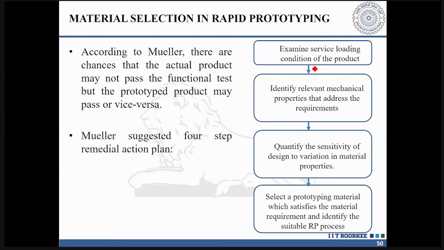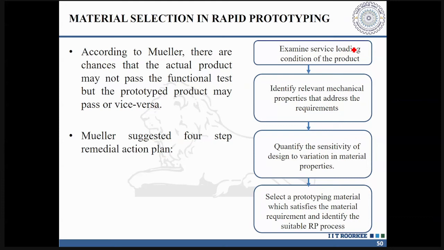Your prototype is made up of steel, but the actual product is made up of, let us say, titanium. The service loading conditions were altogether different. So always try to select the prototype material with properties close to that of the actual product. So the first thing is examining the actual service loading conditions of the product.